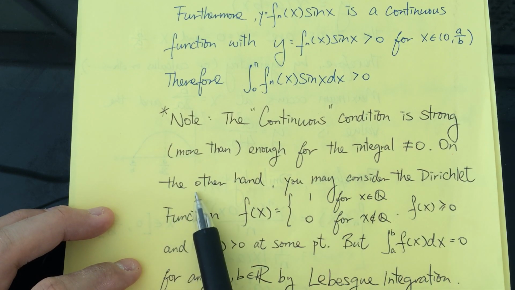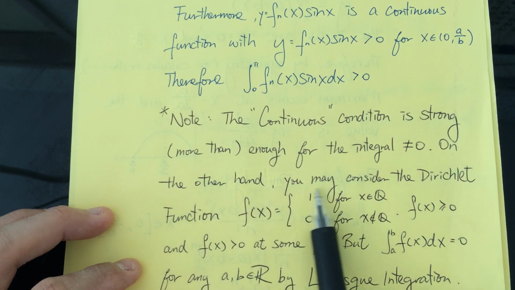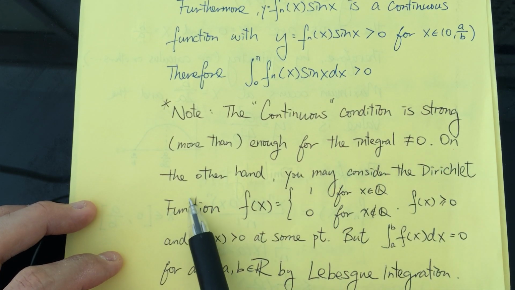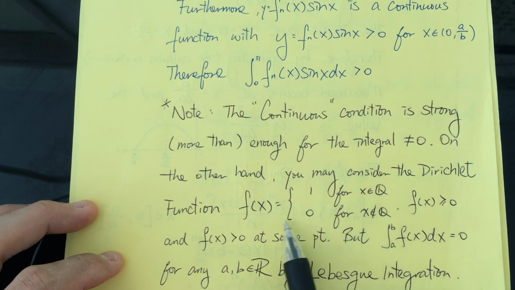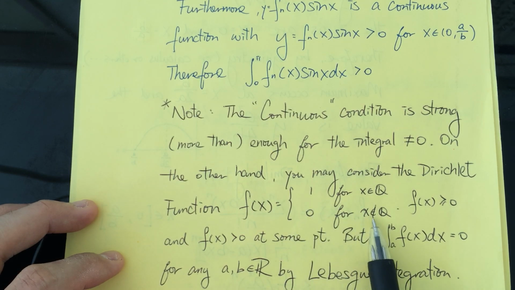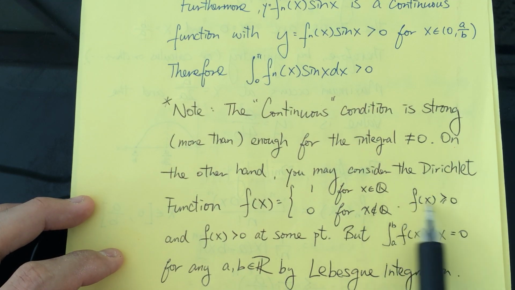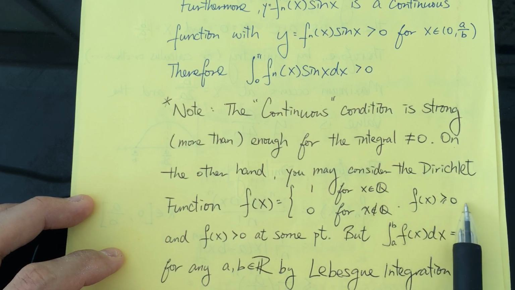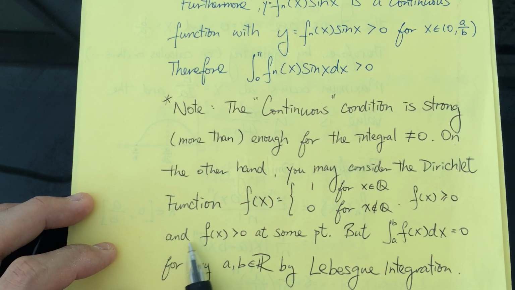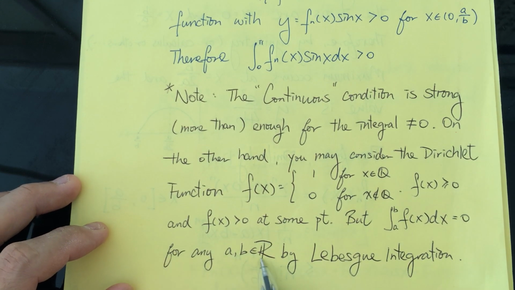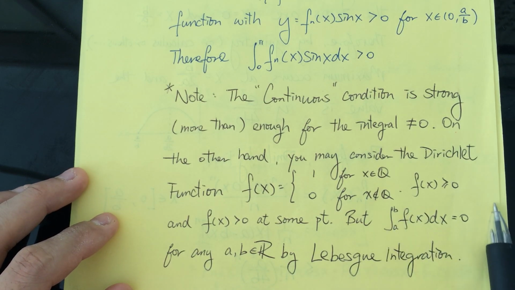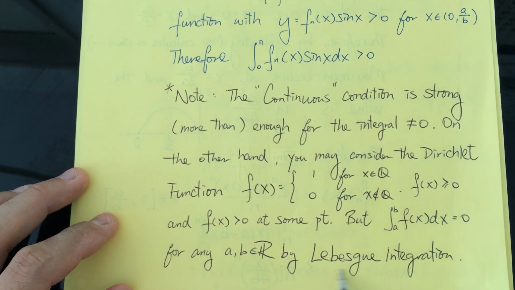On the other hand, if it is not continuous, you may consider the Dirichlet function, which is f(x) equals 1 for rational numbers and 0 for irrational numbers. So this function f(x) is greater than or equal to 0, and at some points f(x) is greater than 0. However, when you integrate this, it equals 0, and you can check it by the Lebesgue integration.